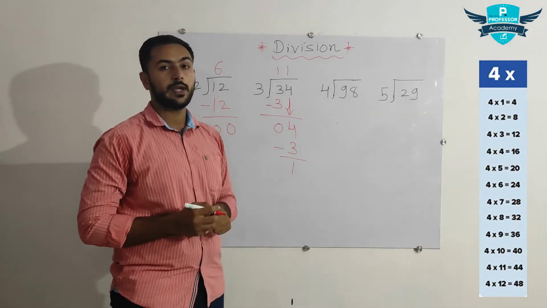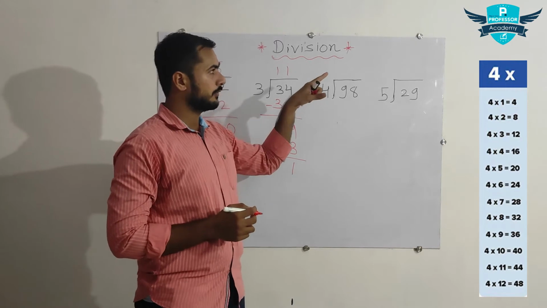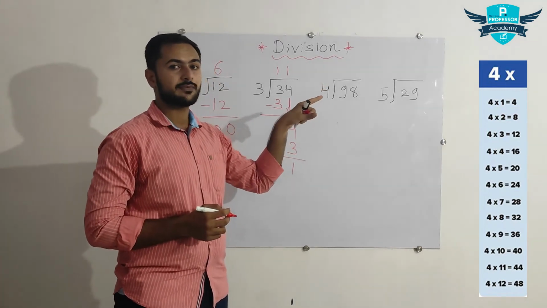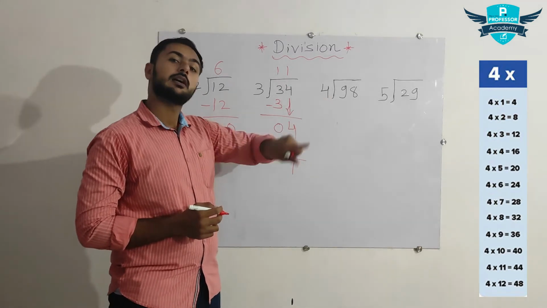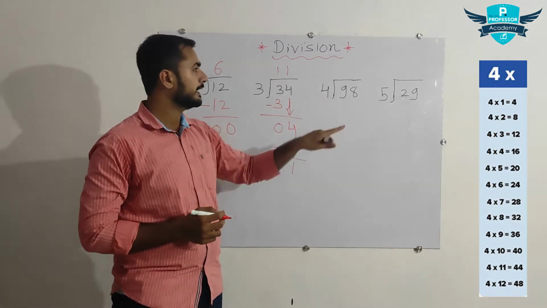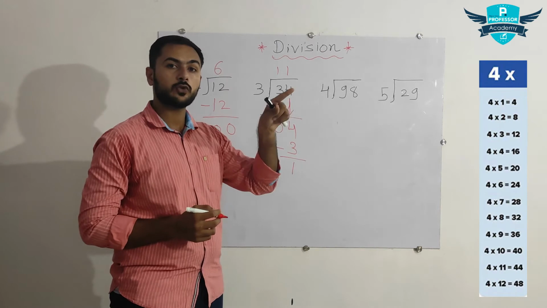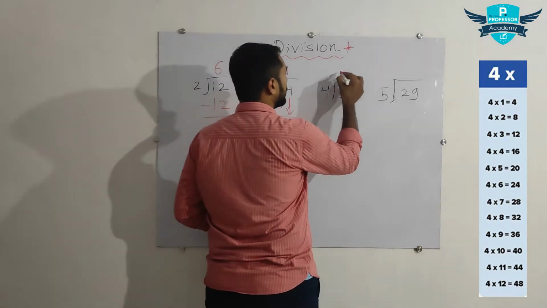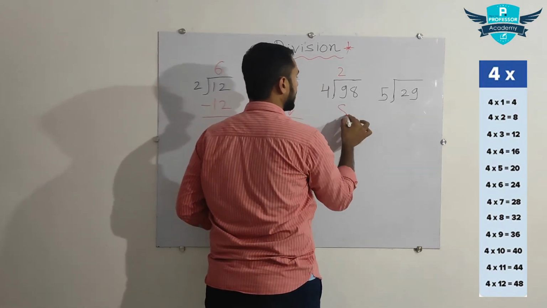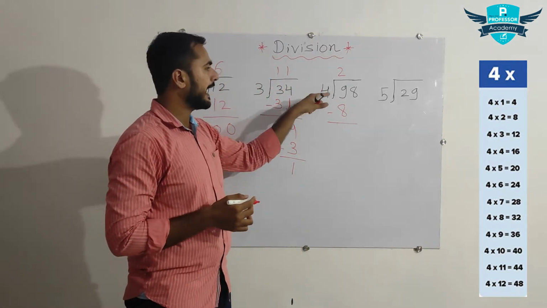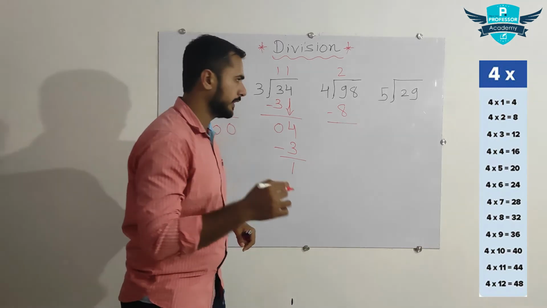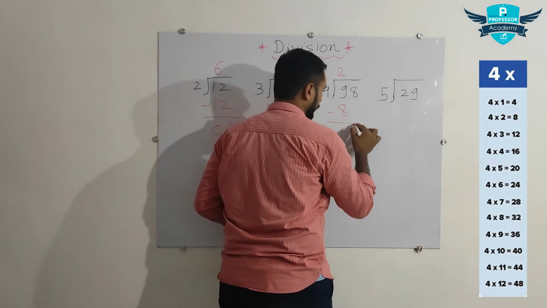No. So simply see the table. 4 ones are 4, 4 twos are 8, 4 threes are 12. 12 is bigger than 9, so just take the one smaller than 9. That is 4 twos are 8. Then do the subtraction. 9 minus 8 is 1. Write it down here, 1.